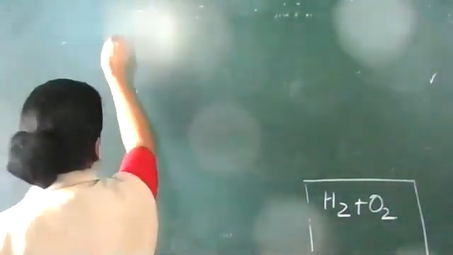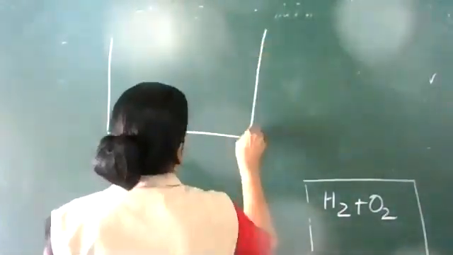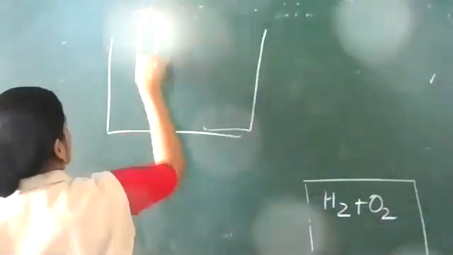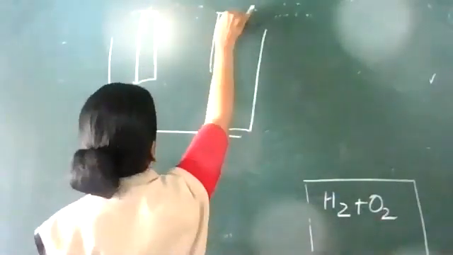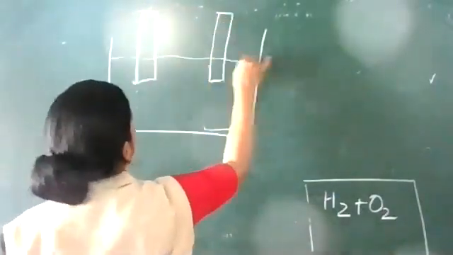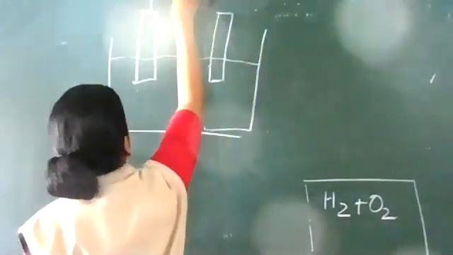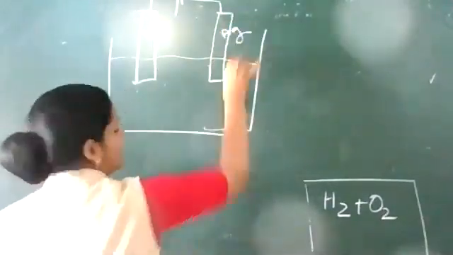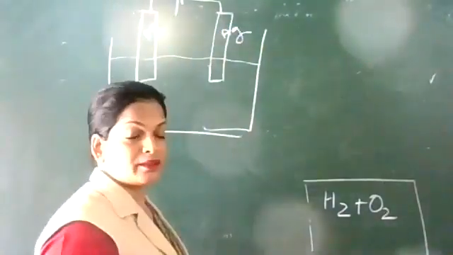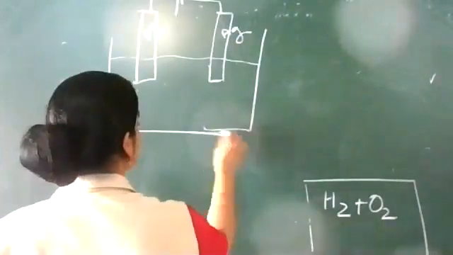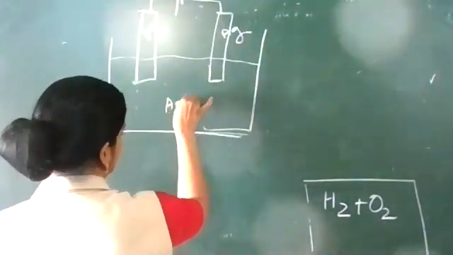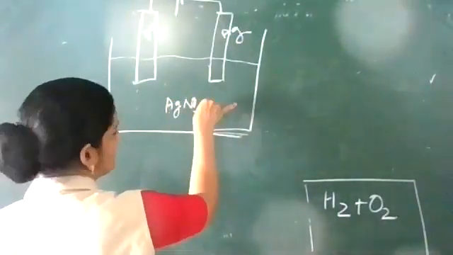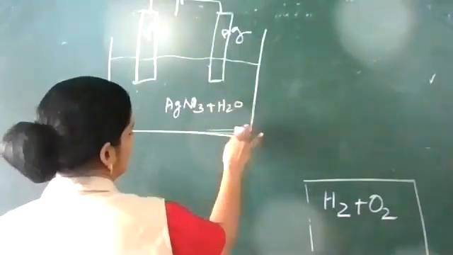So for example, with a silver electrode, silver is attackable. It is silver, Ag. This is not platinum or gold. Silver is an attackable electrode. Its solution, silver nitrate, AgNO3 solution, means AgNO3 and water.